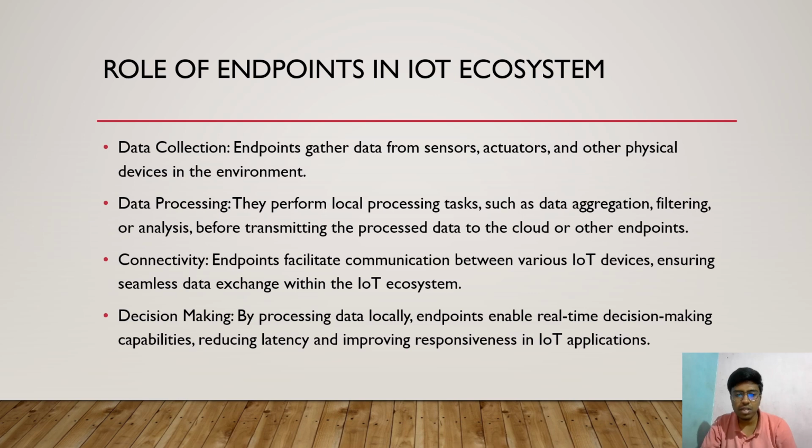Connectivity: endpoints facilitate communication between the various IoT devices, ensuring seamless data exchange within the IoT ecosystem. Decision making: processing data locally enables real-time decision making capabilities, reducing latency and improving responsiveness in IoT applications.